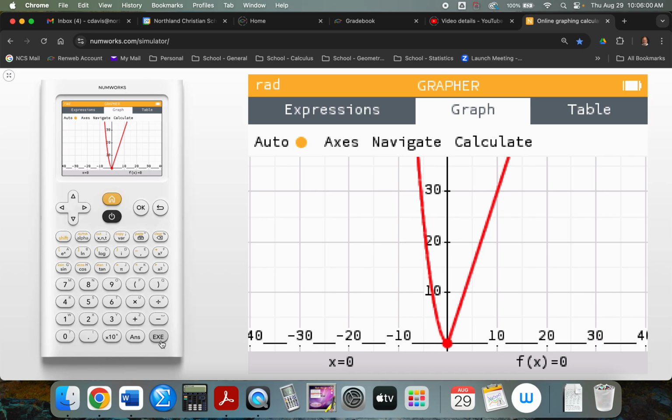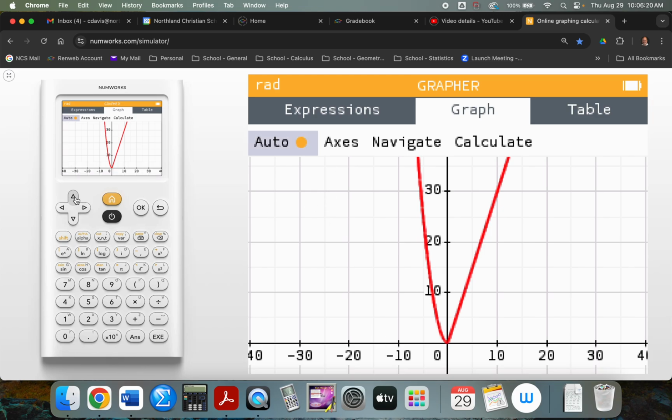This is really, really nice because it picks a window that shows you important features. And you can see what happens down here at 0. Now, I'm going to change this to kind of zoom in more on that.